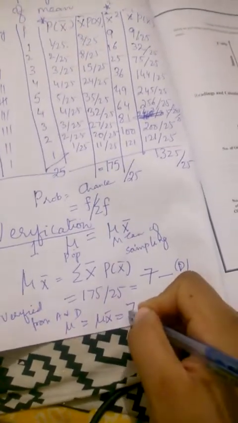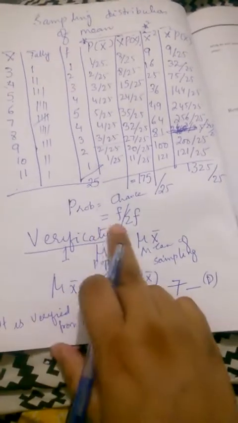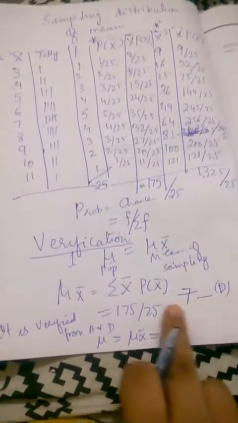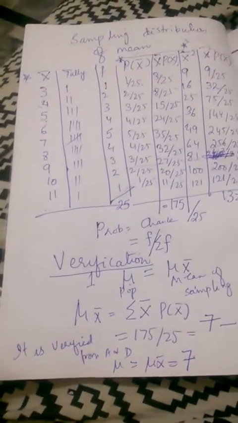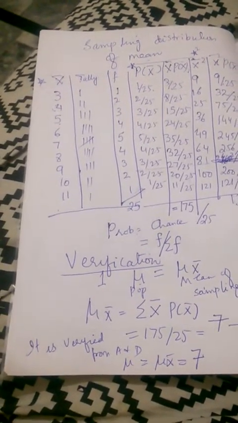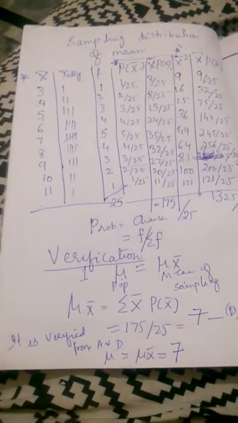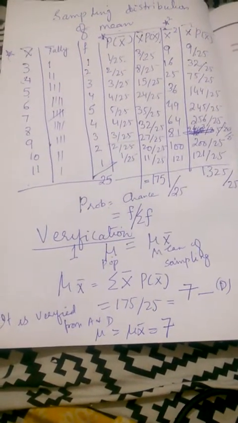Both means are equal and equal to 7. We had found this mu from the population and this is from this table, and you can see that these two means are exactly equal. There can be some slight difference which can appear due to rounding error, but in this case we had nothing to round off, so these two means turned out to be exactly equal.